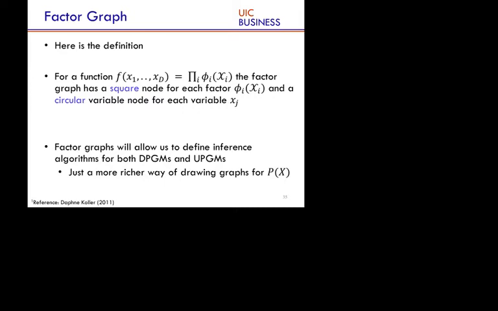And factor graphs, as we will see, will allow us to define inference algorithms, which is the content of this lecture, for both directed probabilistic graphical models and undirected probabilistic graphical models. They are just a slightly richer way to represent the joint distribution. For reading off conditional independencies, you may want to care about not the factor graphs but the original directed or undirected graphs. But for the purpose of inference, we'll look at factor graphs to ease our thinking of how the inference happens.